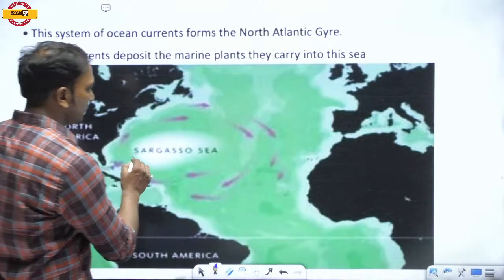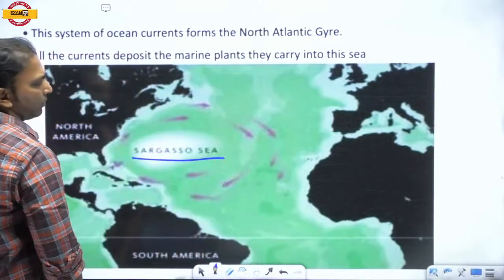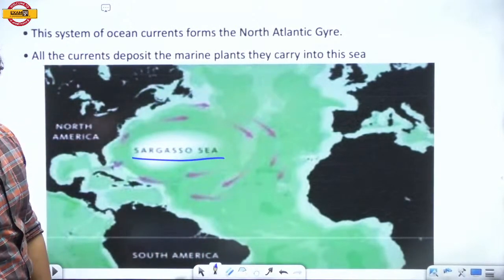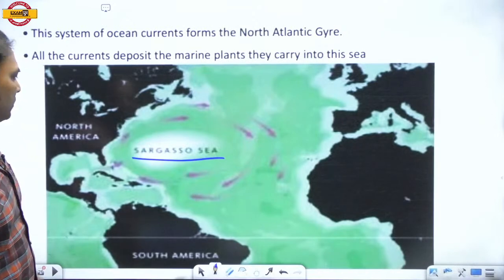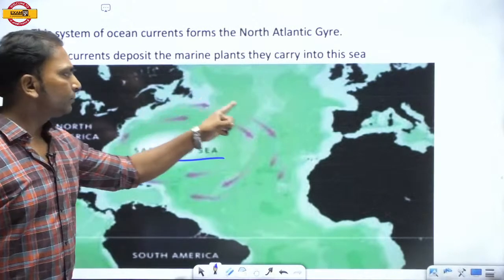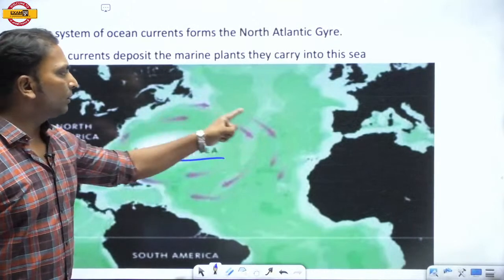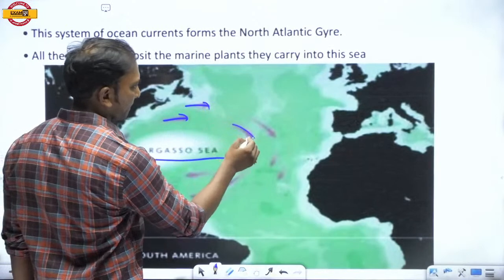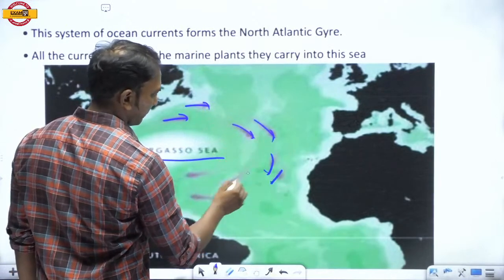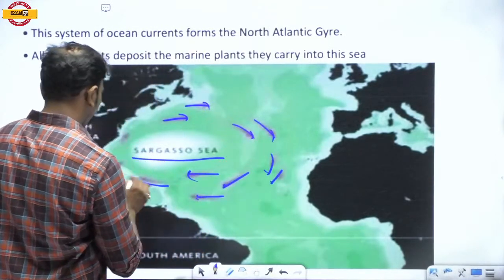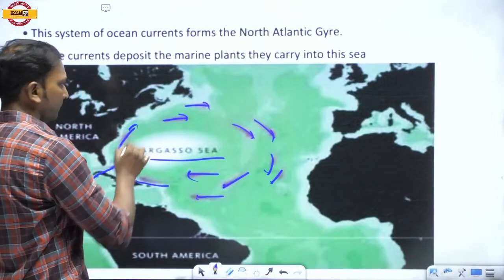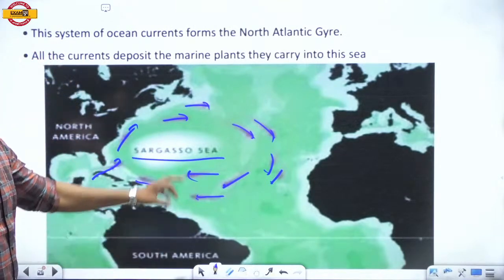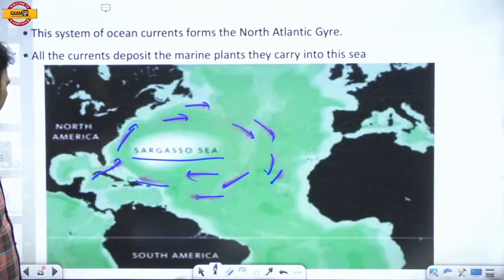This is the reason for the Sargasso Sea. So there is a circulation of currents in this region.